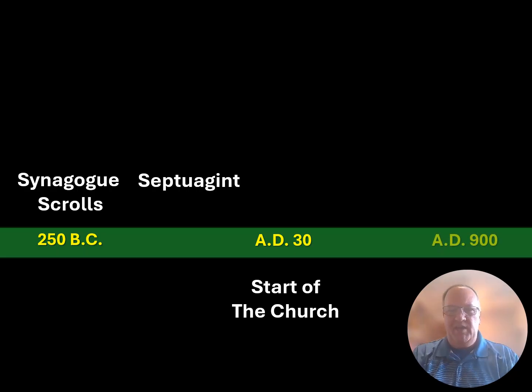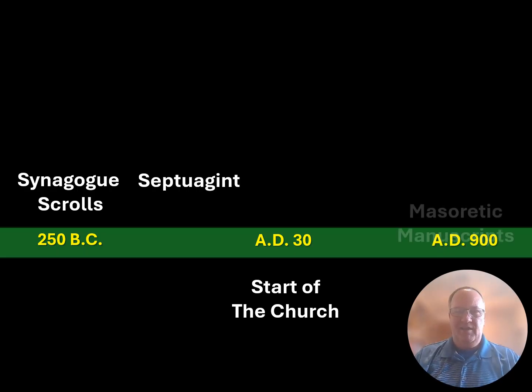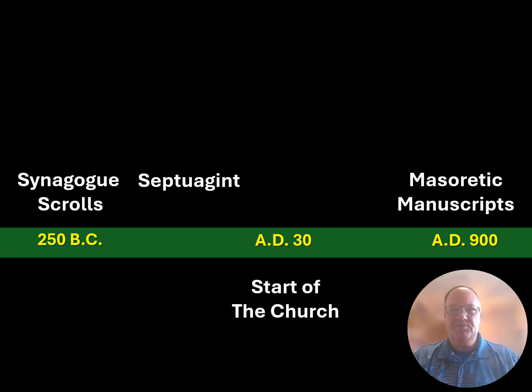And then we get all the way down to AD 900, and what do we have? Well, now we have the Masoretic manuscripts, the Masoretic text. And of course, that's what we're going to use. So in 1940, do we have these Masoretic manuscripts? We do.